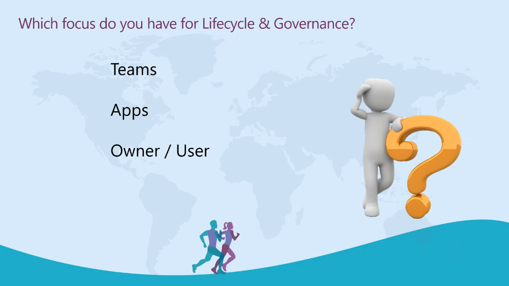What about the users itself? Basically, you have two different roles, right? You have owner, you have users, and that's it. That's good. But how many users, how many owners do you want to allow in a team?